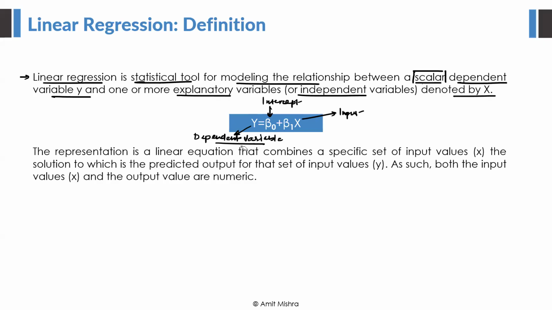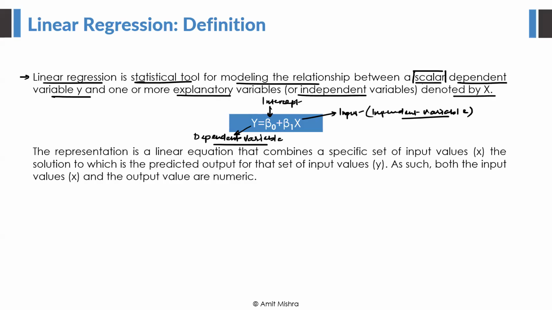So pretty simple: what we are trying to do is establish a linear relationship between the dependent variable and an independent variable. This input data is known as the independent variable. Just remember this term, independent variable. It will be useful when we move ahead.